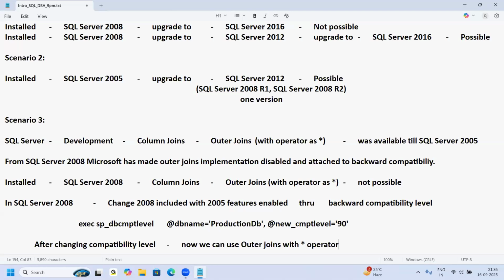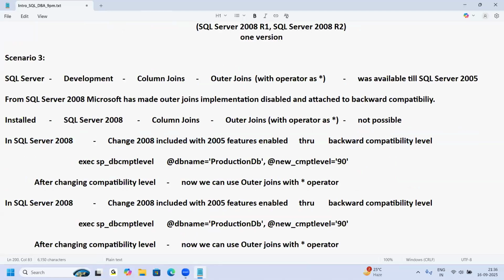Can I do this if I have, for example, SQL Server 2012? Yes, if you have SQL Server 2012, it can be included with 2005 features, same backward compatibility, 90. Yes, possible.